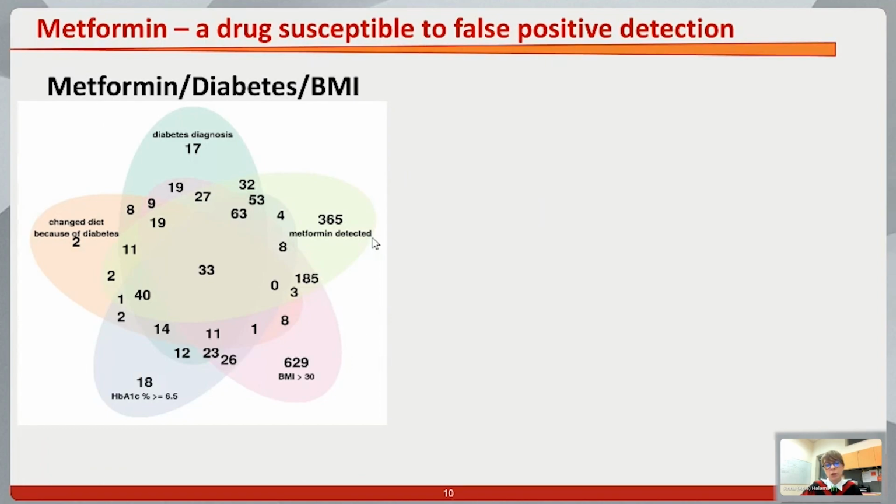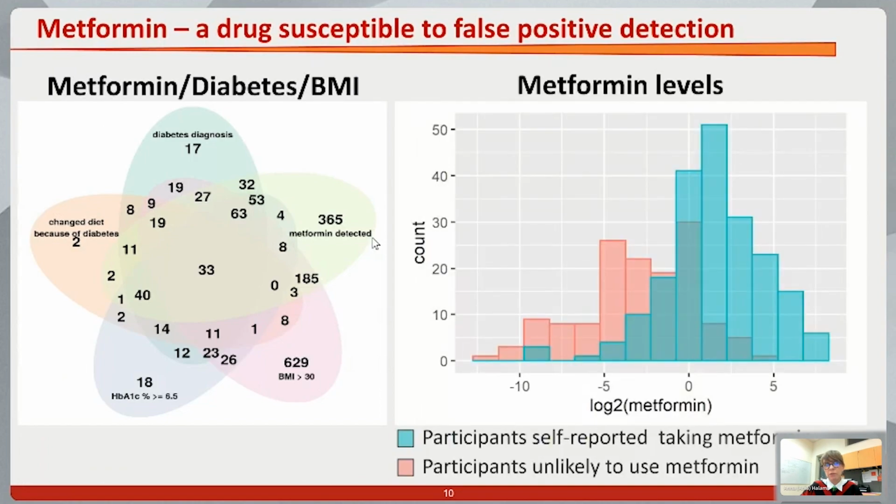So we conducted this study further, and we restricted our cohort only to participants who self-reported taking metformin, highlighted here in blue, and those who were unlikely to take metformin, meaning young, low BMI, and low HbA1c level. What you can see here is that in participants who self-reported taking metformin, there is an elevated level of the drug in comparison with the group which is unlikely to be taking metformin.